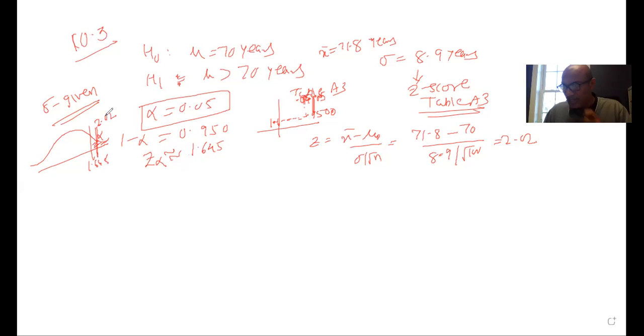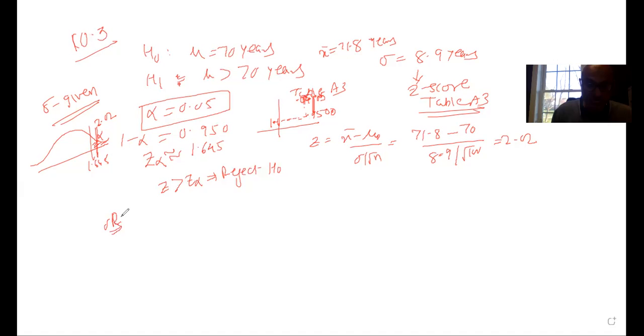So naturally, we can say that we do not support or we reject H0, because my z value is greater than z alpha, which implies reject H0.